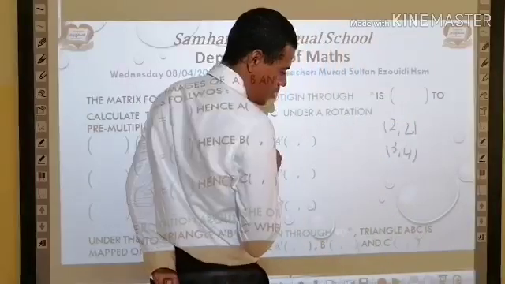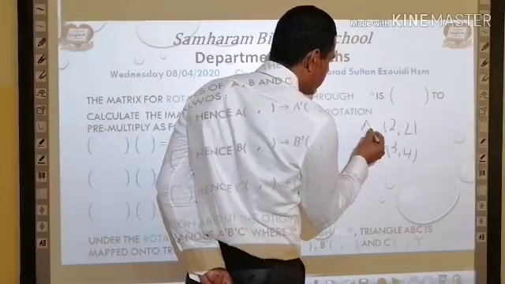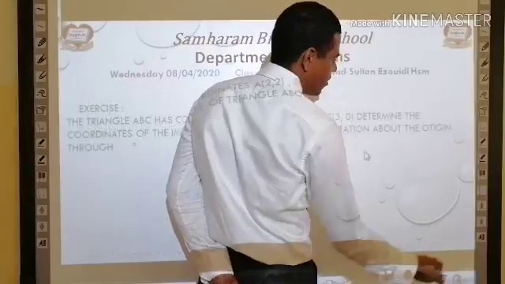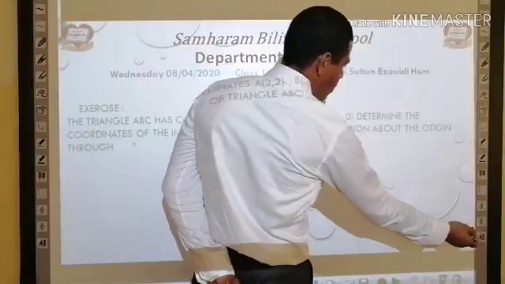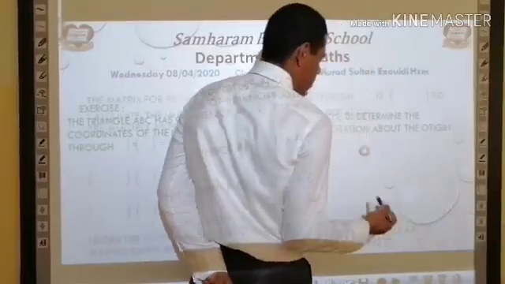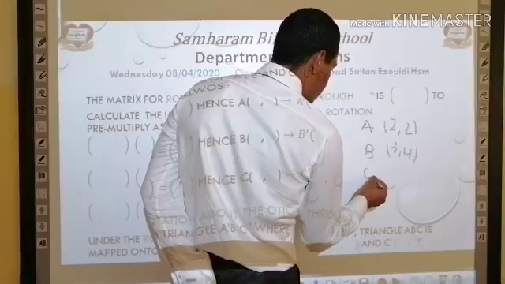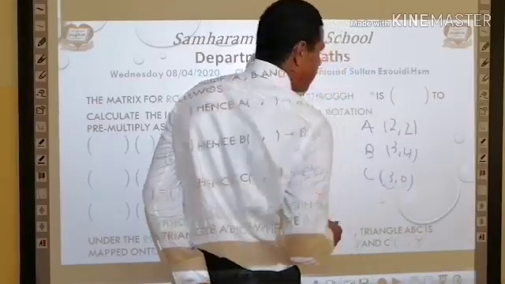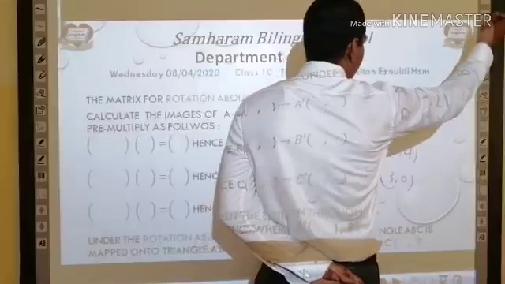This is A, this is B, and this is C, which is 3, 0.